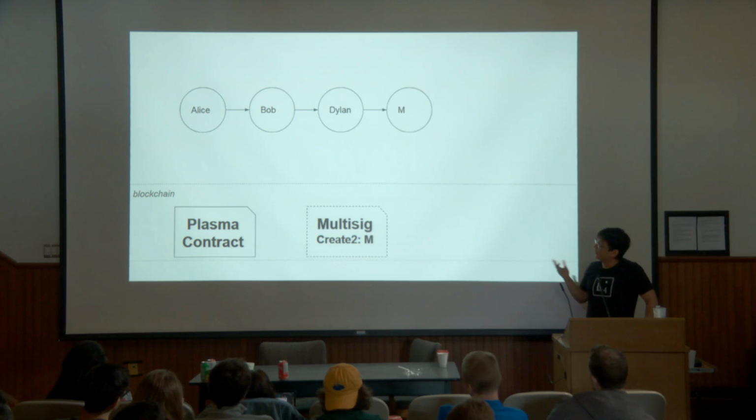The purpose of the Plasma contract is to determine who is the rightful owner of that lump. In this case, it's owned by M. So in a Plasma exit game, the Plasma contract will pay out to the multi-sig.